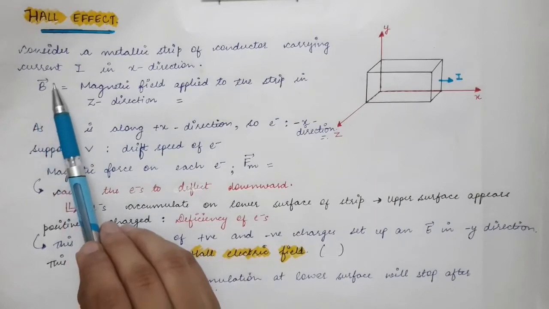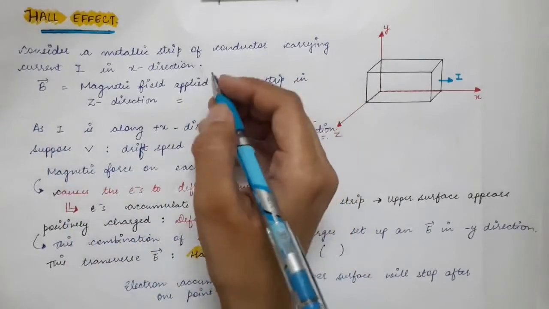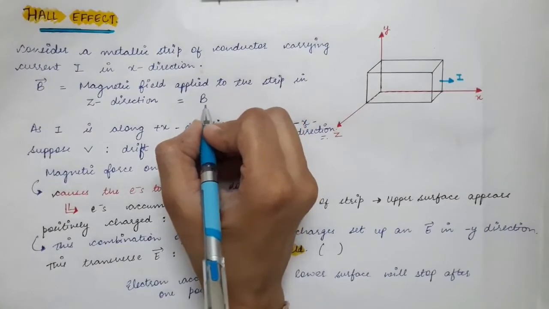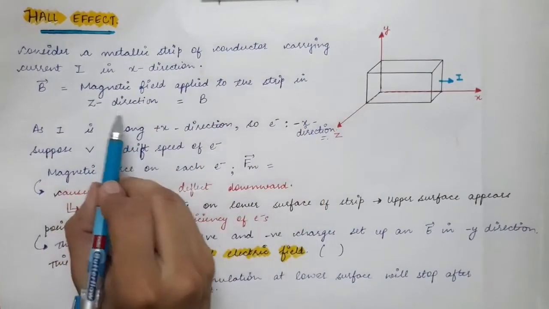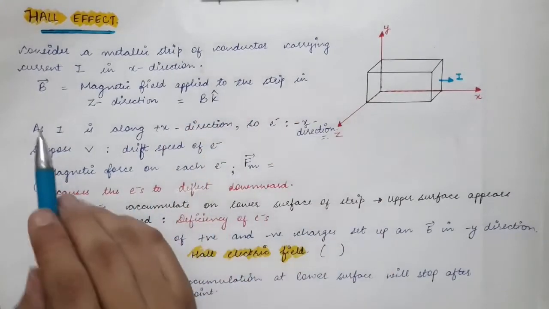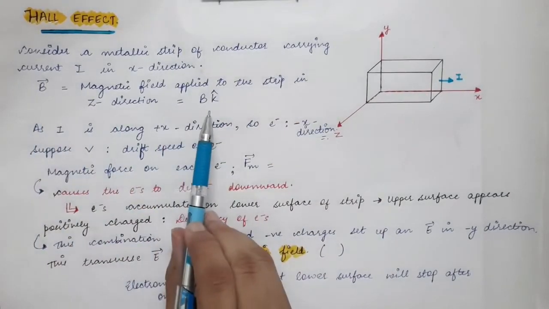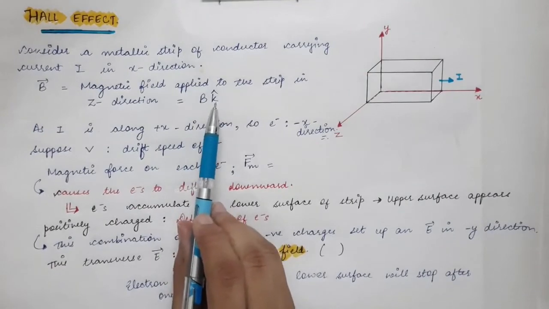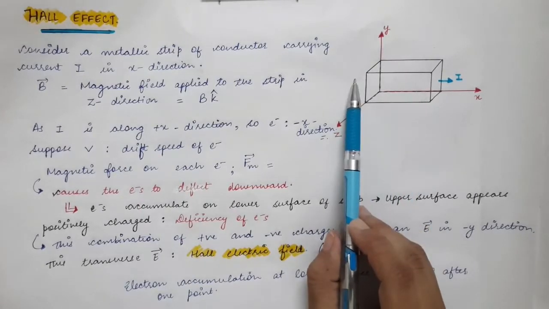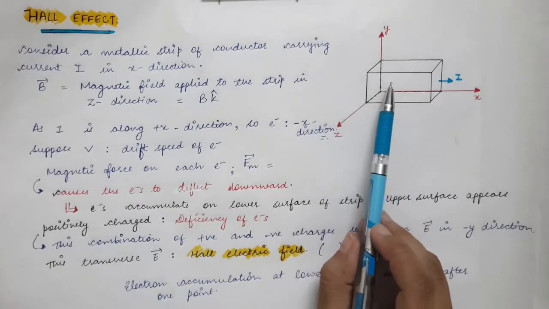So this magnetic field vector can be written as magnitude times its direction. Now the direction is along plus z axis, so it will be k cap. So the magnetic field vector will be given by B k cap. Now the electrons, as we have said, are flowing along the negative x-axis direction, so they will have a certain speed.